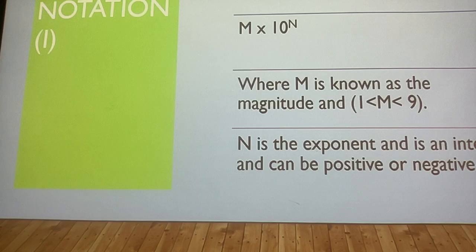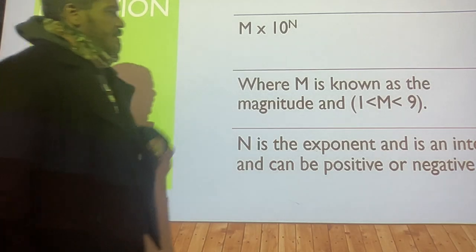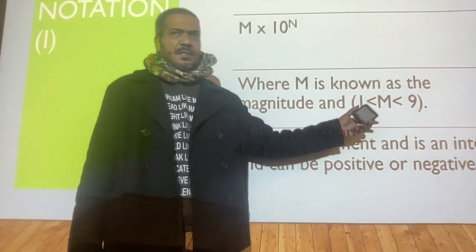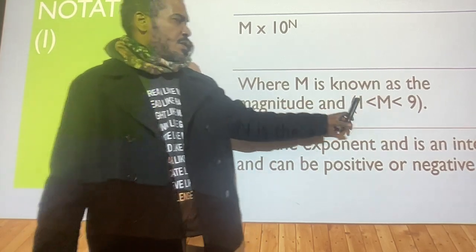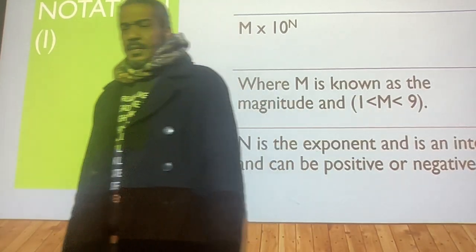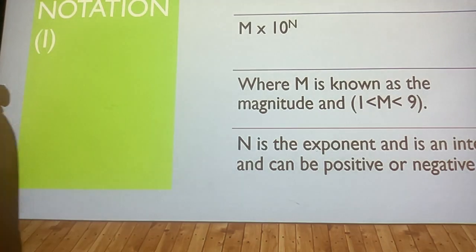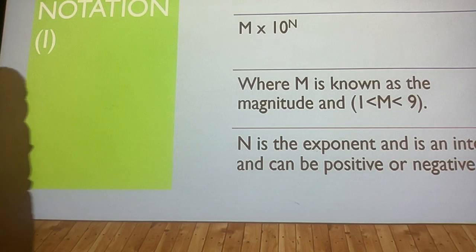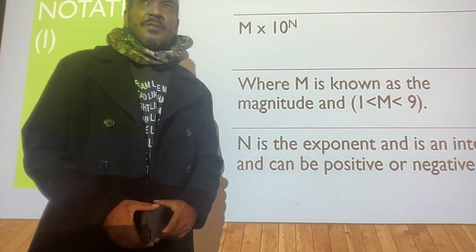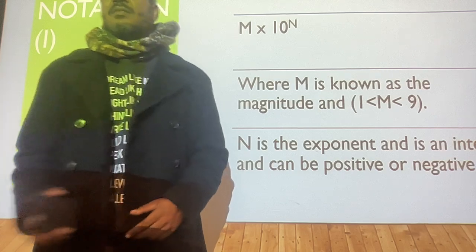Just like I explained to you, the number out front in your scientific notation must be between 1 and 9. That is the correct scientific notation format. You can't have 10 times 10 to the something, or 0.1 times 10 to the something.